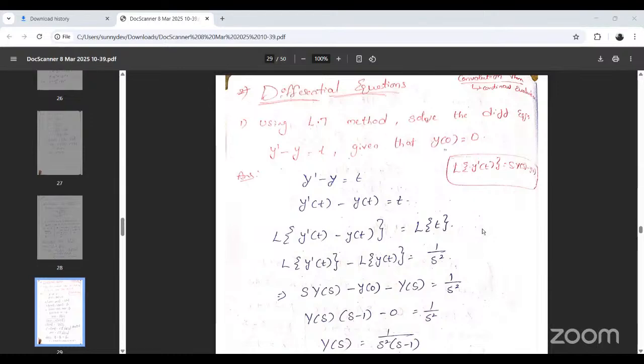The next topic is applications of Laplace transformation to differential equations. Okay. So how can we solve a differential equation using the Laplace transformation? That is what we will see here. How can we use the Laplace transformation to solve the differential equation?